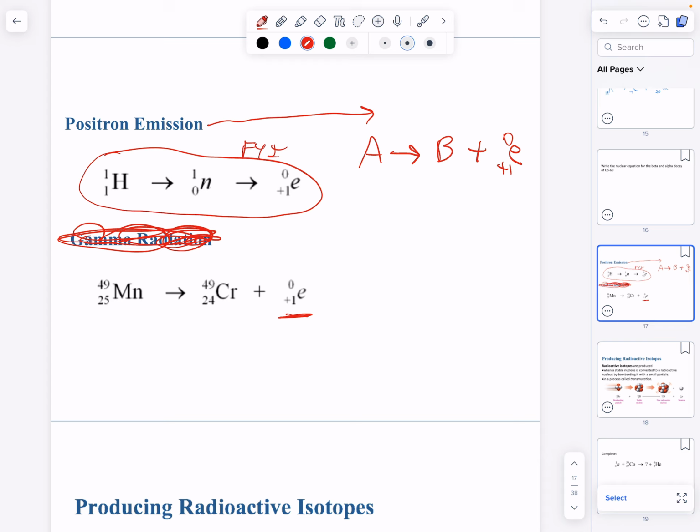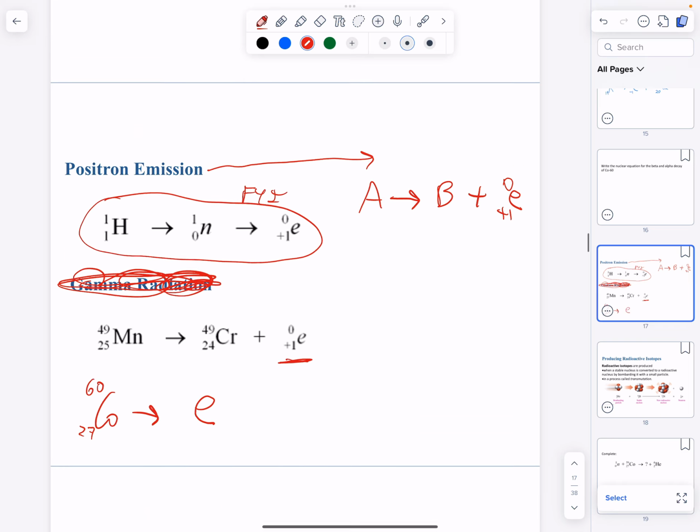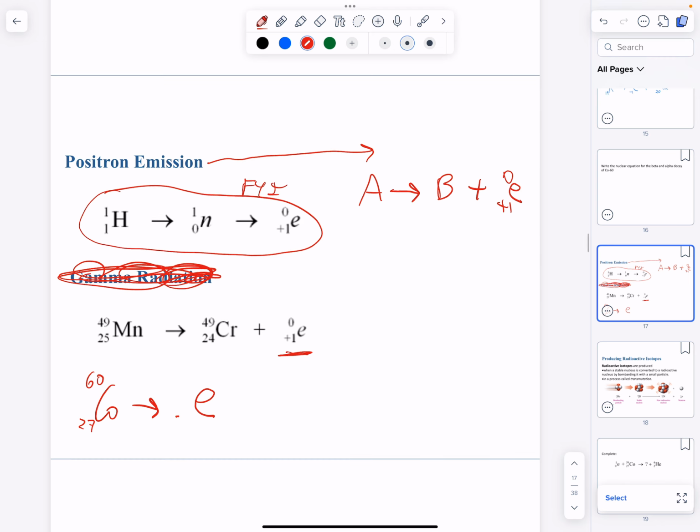Let's do the same with cobalt 60. This time it's going to decompose into a positron, and this is going to be 26, and 26 is iron, and this is 60. So 26 plus 1, 27; 60 plus 0, 60, and that's the positron emission.